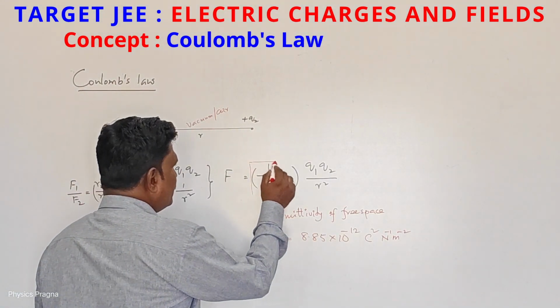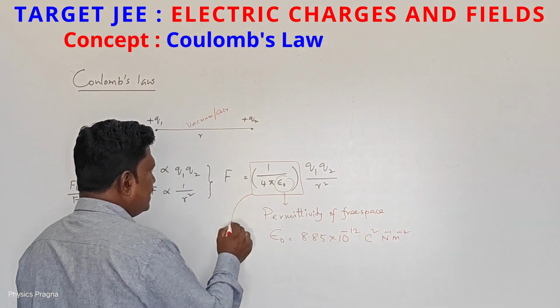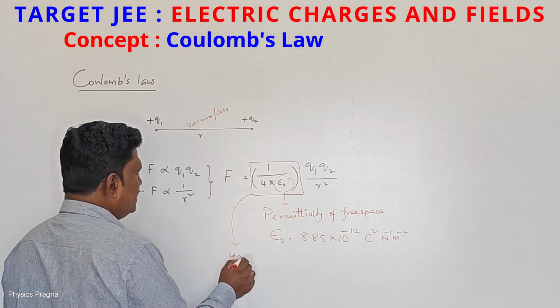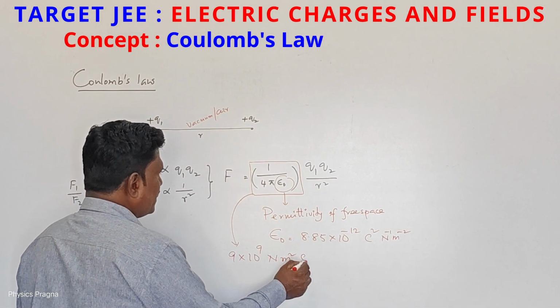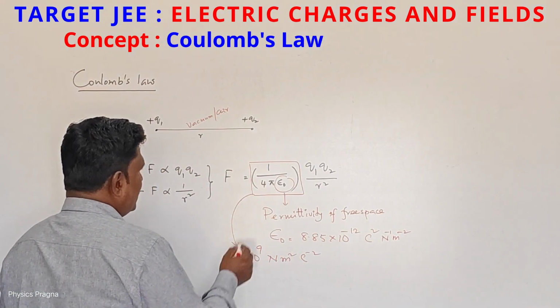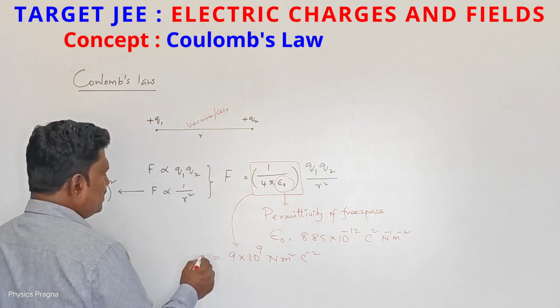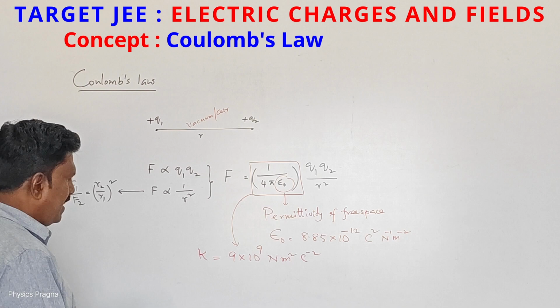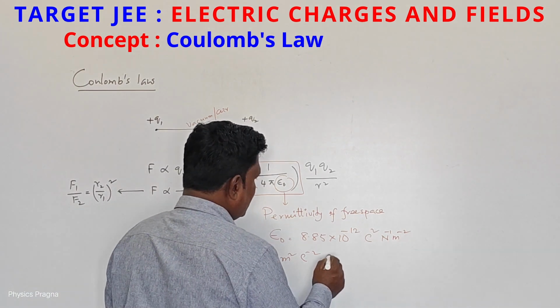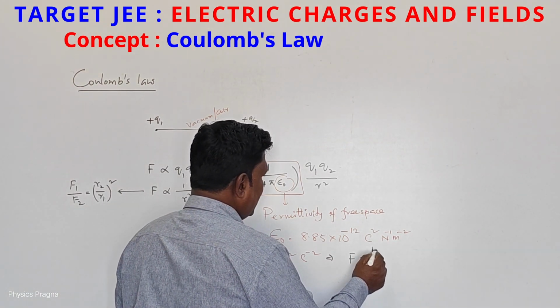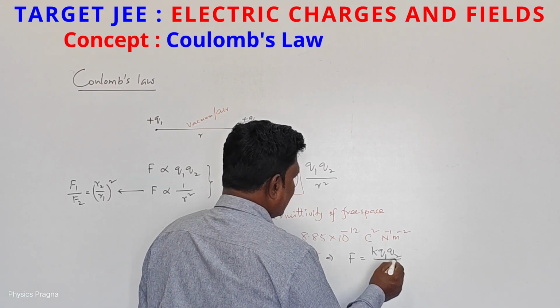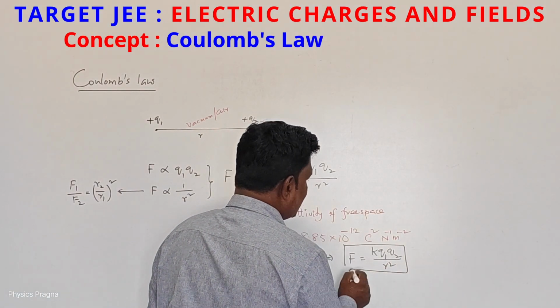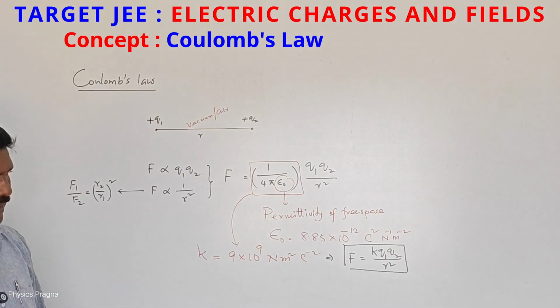The whole term 1 by 4 pi epsilon naught has the value 9 into 10 to the power of 9 Newton meter square per Coulomb square. We can also give it a symbol small k. Then the formula becomes F is equal to k q1 q2 by r square. Like this, in short form, we can remember.